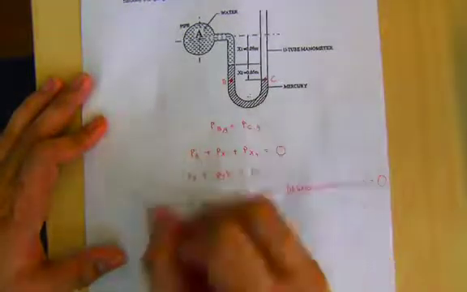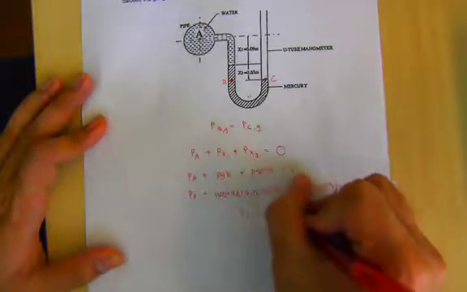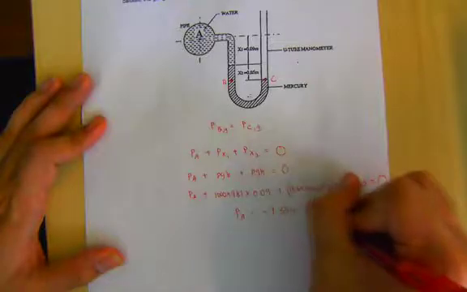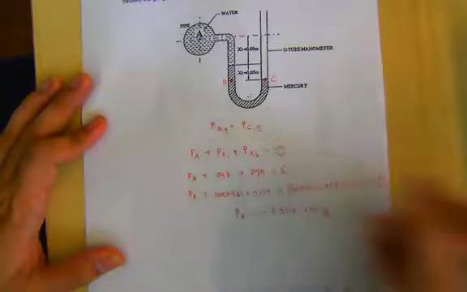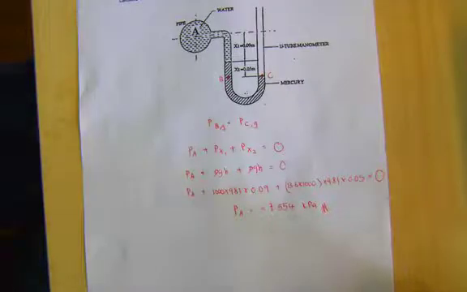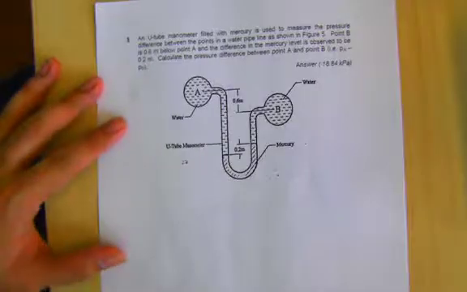This whole thing will be 0. We can calculate this and work out PA. This will give us a negative value, 7.55 kilopascal. Pretty simple, same concept of pressure measurement using manometer tubes. Next, let's move on.